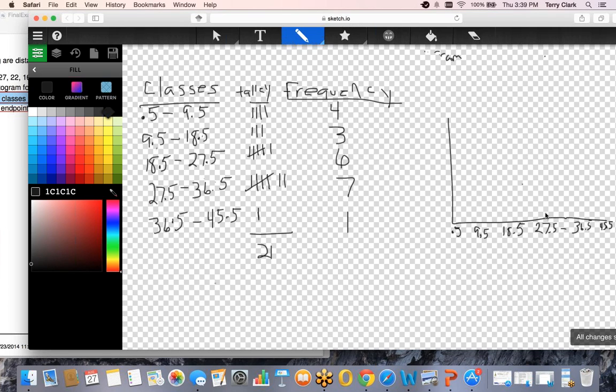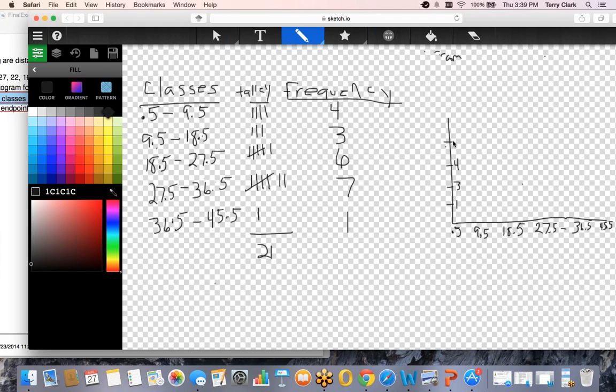Now from there, because I know everything, I'm going to put 1 here, 3 here, 4 here. Because it's a small amount, I can get away with this. They have to be the same increments.